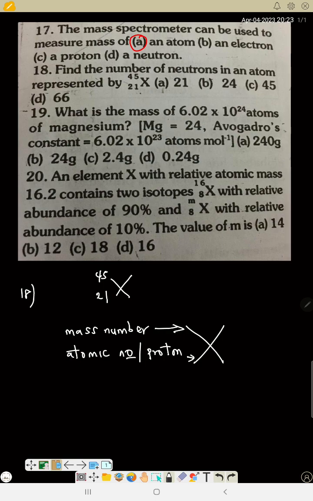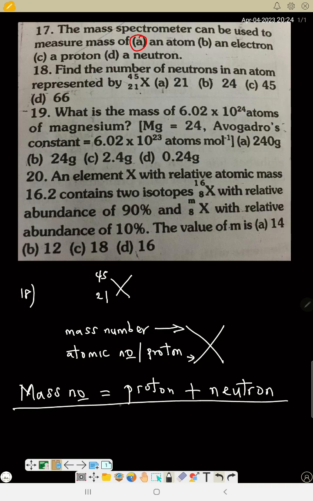Now the general formula that relates this is: mass number is equals to proton, that is number of proton, plus number of neutron. So take note of this as the general formula. Mass number is number of proton plus number of neutron.